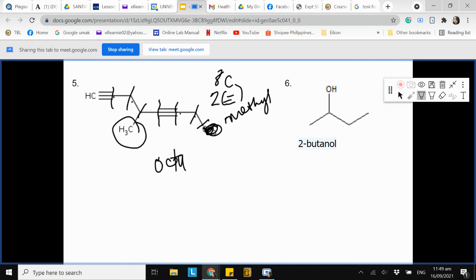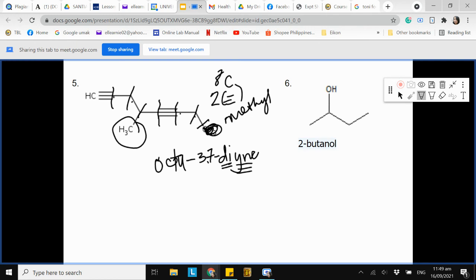8 carbon. So its prefix niya is octa. Then may triple bond ka. So lagyan mo dito ng diene. Okay? So, diene. Diene kasi dalawang triple bond. Okay? So, it is in a carbon number 3 and carbon number 7.